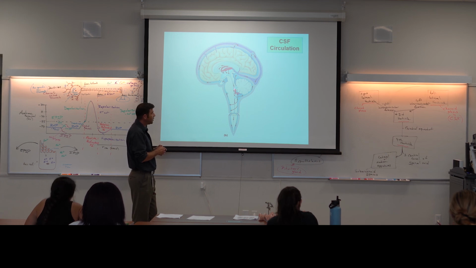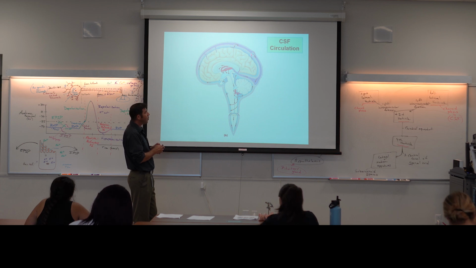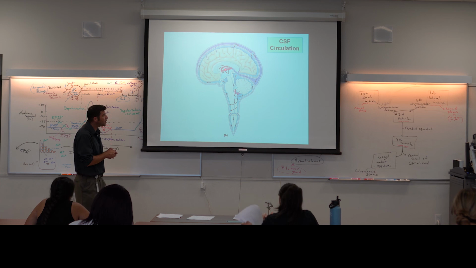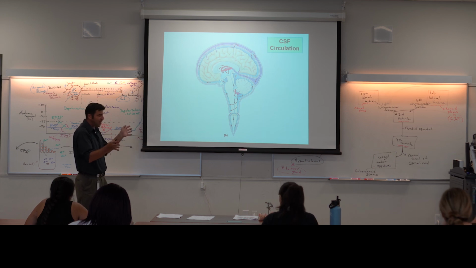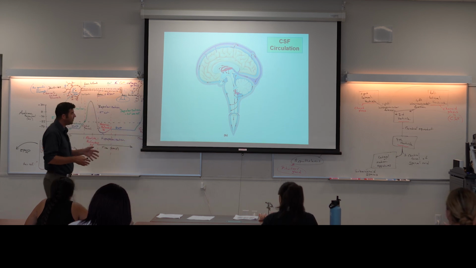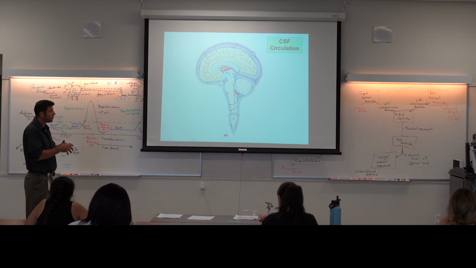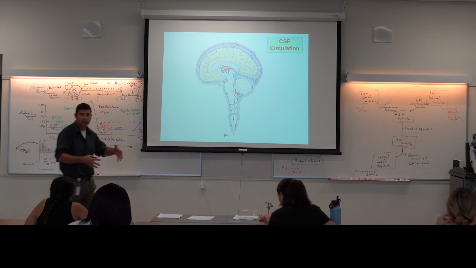And then that fluid, as it circulates through each of these little hollow pockets, it's got to have some way of, think of it this way. If we're constantly producing new cerebral spinal fluid, then this old cerebral spinal fluid has to have a way of getting back into the veins, getting out of these spaces. Otherwise, these spaces are going to swell and fill up with cerebral spinal fluid.